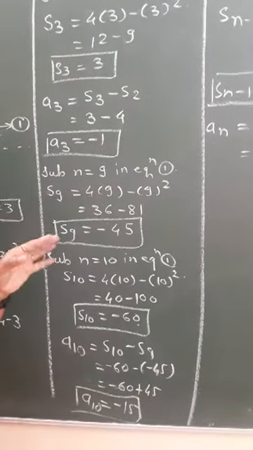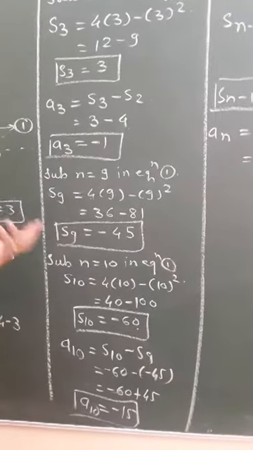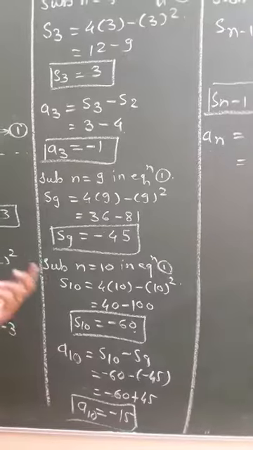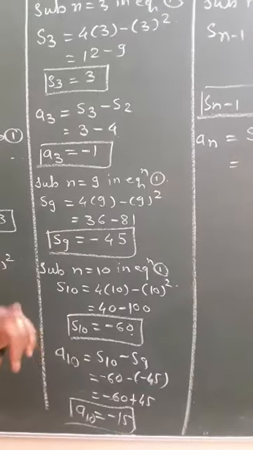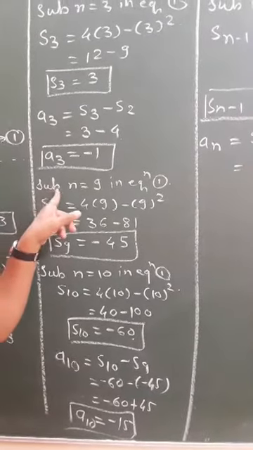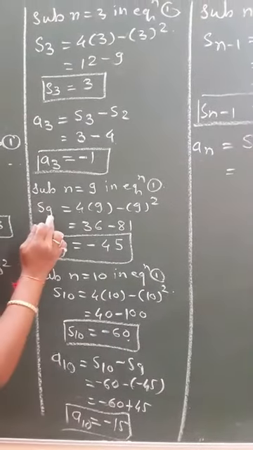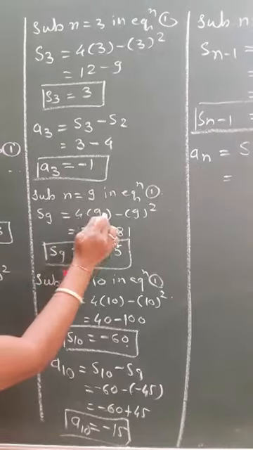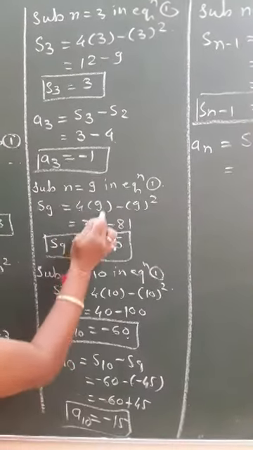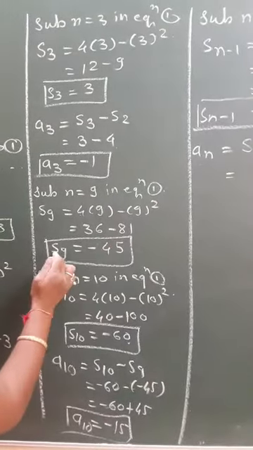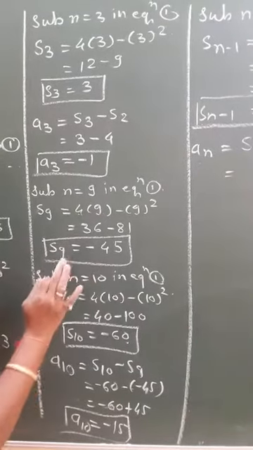Now they have asked A10. For finding A10 we required S9 and S10. So what I have done here, I substituted n is equal to 9 in the equation 1. So what we will get, S9 is equal to 4 into 9 minus 9 square. 4 9s are 36 minus 81, and S9 is equal to minus 45.